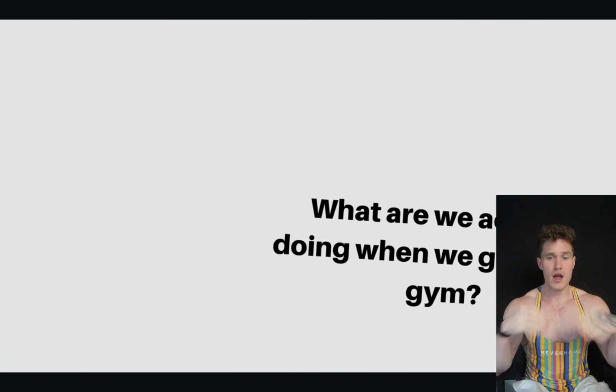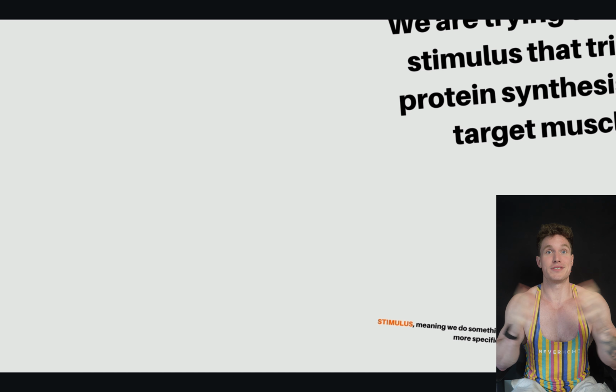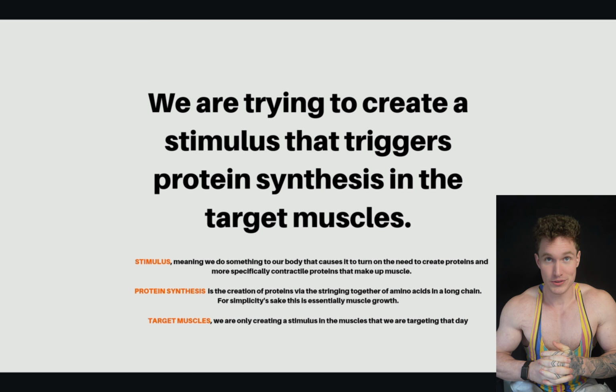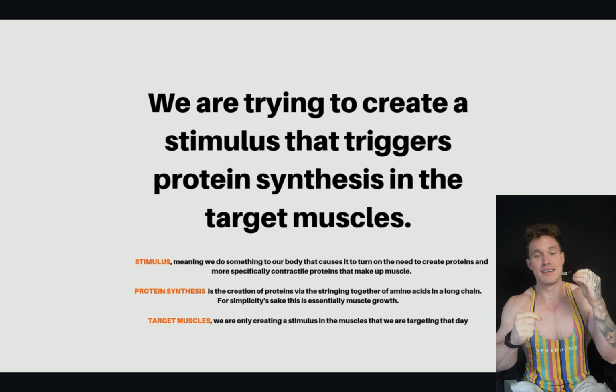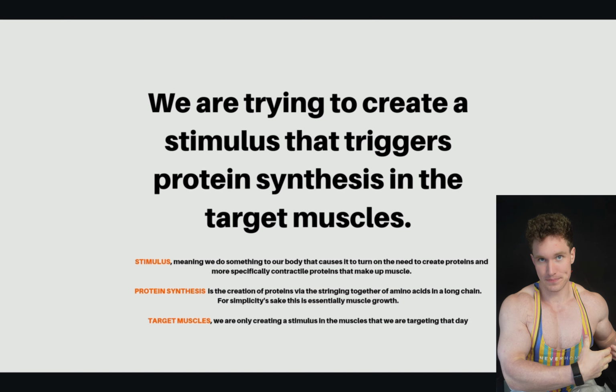So first of all, what are we actually doing when we're going to the gym? Sometimes obviously that answer is going to be pretty obvious, but it's not just lifting, it's not moving heavy circles. It is trying to create a stimulus that triggers protein synthesis in a target muscle.